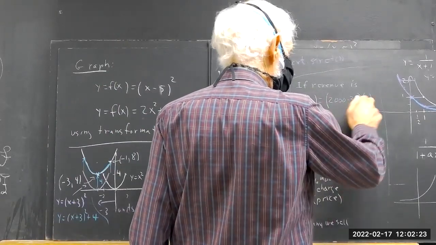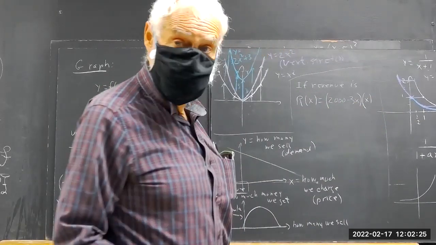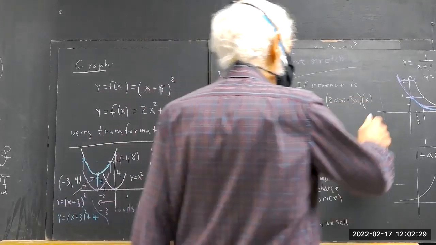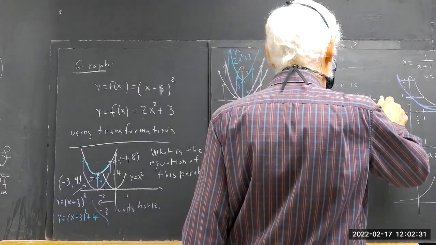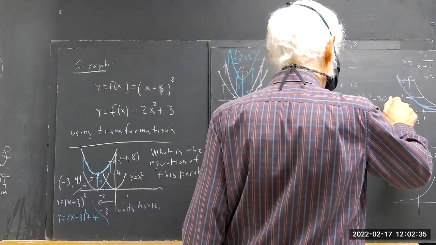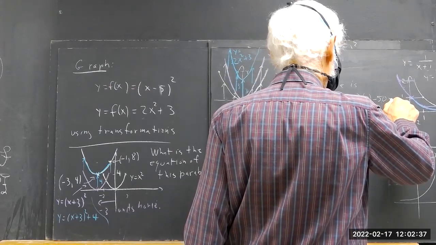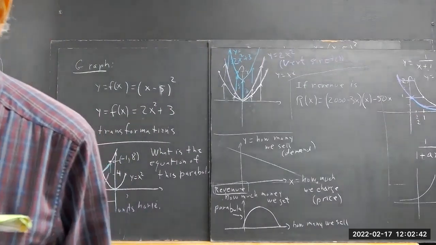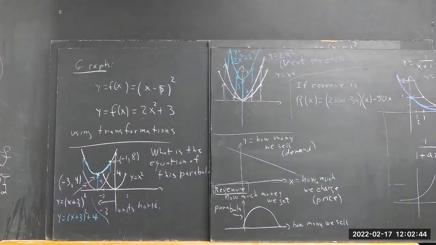That's how many you sell, that's how much you're charging. Multiply how many you sell by how much you charge, minus $50x, which is how much it costs. It costs $50 to produce one. That's how much it costs.